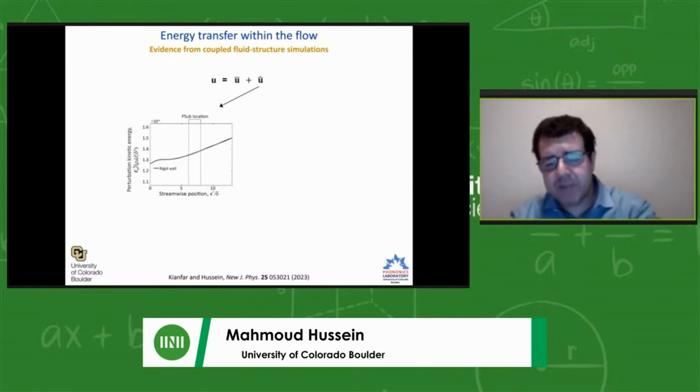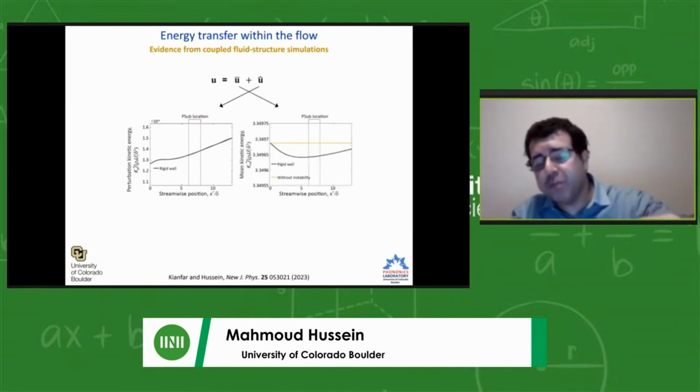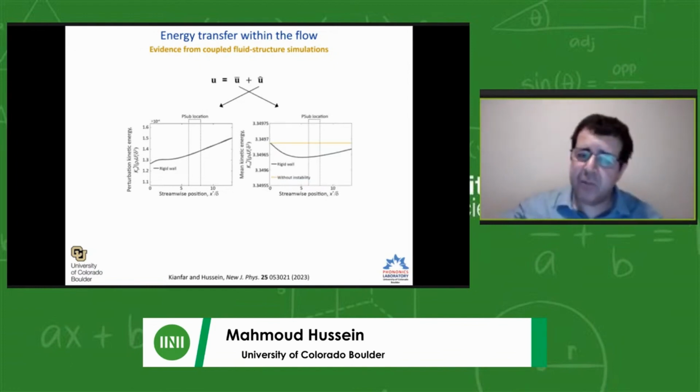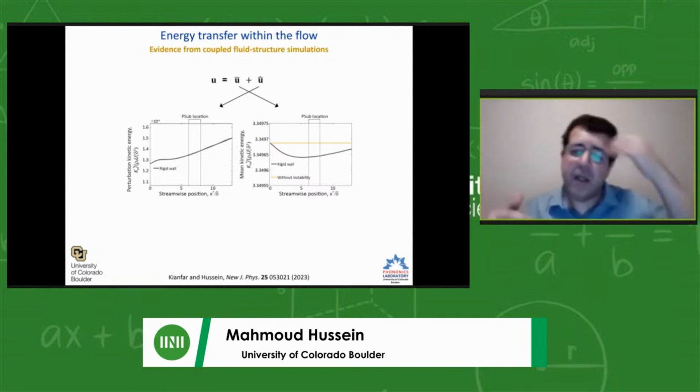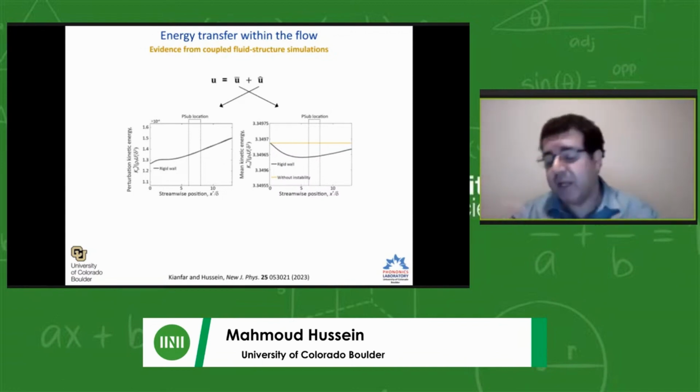So that's the instability component. I've showed that to you before. It's growing. Now, we can also plot the mean flow component. And so the mean flow component drops as the instability component increases, obviously, because that actually is consistent with what I was showing you before, that the energy is going from the mean flow to the instability.